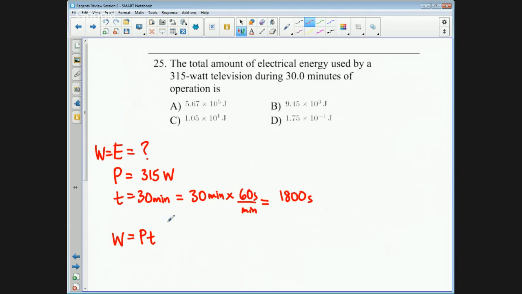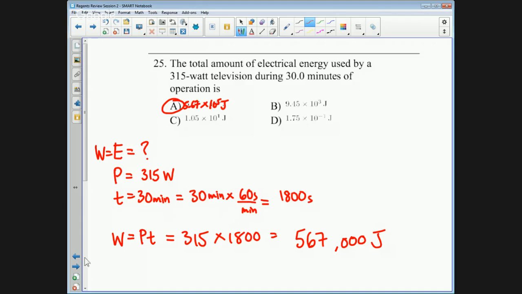This is also on page 4. So we're just going to plug in our values. 315 times 1800, and we get 567,000 joules. Okay, that would be choice A. Choice A is 5.67 times 10 to the 5. This is 5.67. I can barely see these joules.